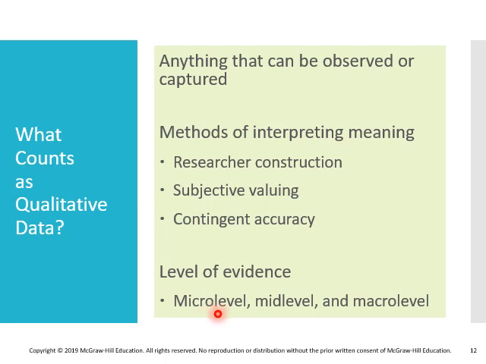A mid-level kind of data could be a body of work, so maybe from the same producer, the same source, maybe from the same novel or book. So you see that we're increasing in volume, size, and scope from micro level to mid level.